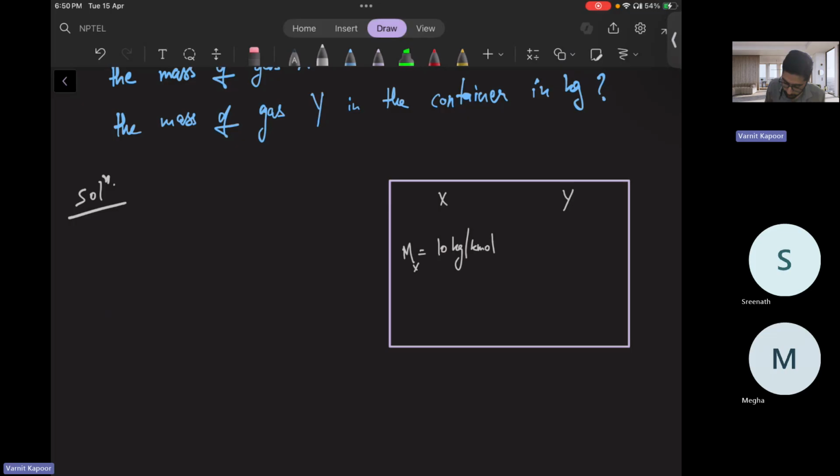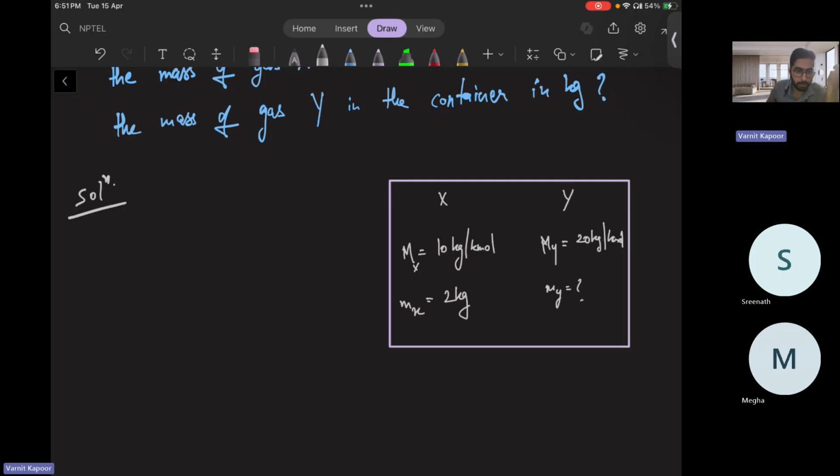It is also given that the mass of X is 2 kg. The molar mass of gas Y is given as capital My, that is 20 kg per kilomole. And you don't know what is the mass my.